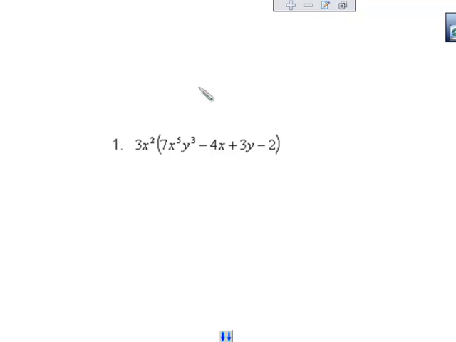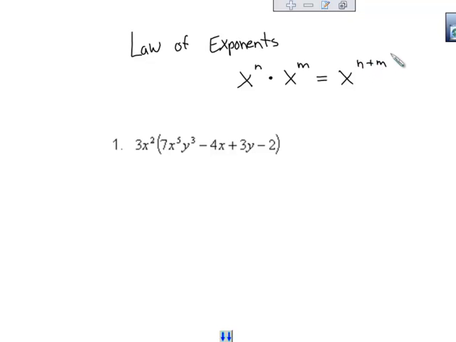In that blank I want you to put the law of exponents. Make sure you follow your laws of exponents. More specifically, the law of exponents that says when you have two bases being multiplied together, you need to add the exponents. That's going to be important when you use the distributive property.